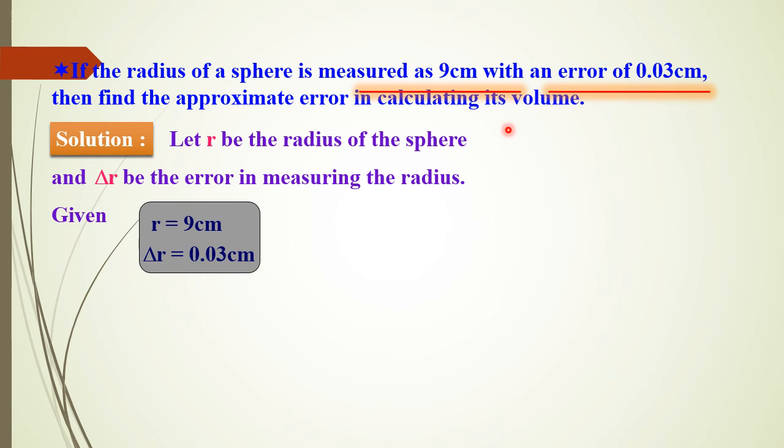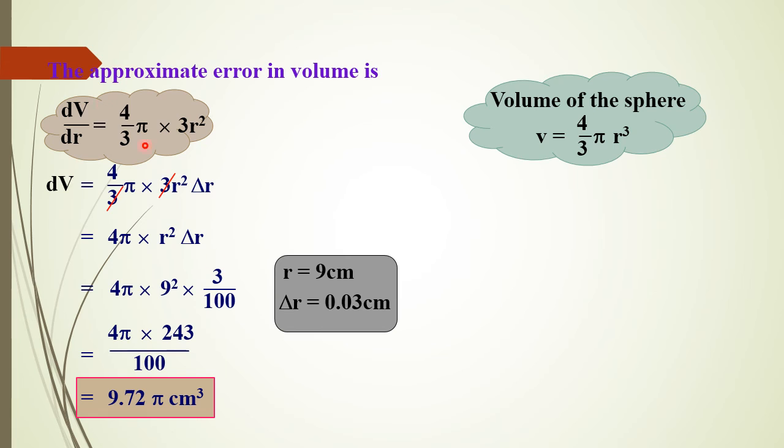The volume of the sphere changing with respect to the radius can be written as dV divided by dr. r is the radius of the sphere, delta r is the error in measuring the radius. Now find the derivative of the volume with respect to r. 4 by 3 pi r cube differentiation gives 3r square.